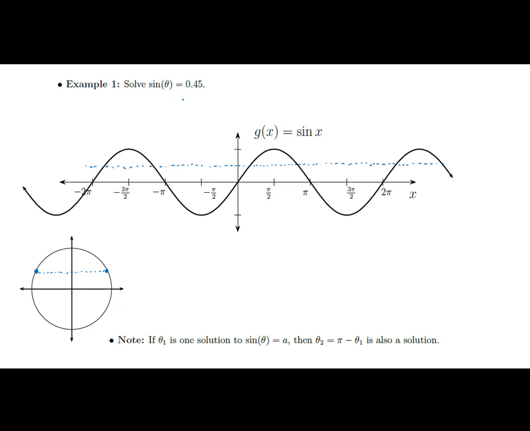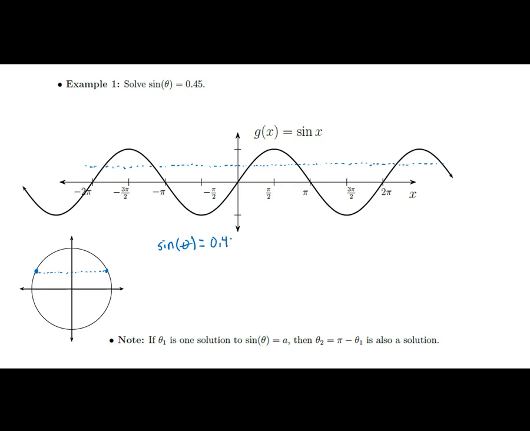All right, so with this knowledge that we should have lots of solutions, let's take a look at how we get at least one of them. So I have the sine of theta equals 0.45, and I notice that 0.45 is not one of my special values. It'd be one thing if I was asking for when does the sine of theta equal 1/2 or something like that, but 0.45 certainly isn't a special value.